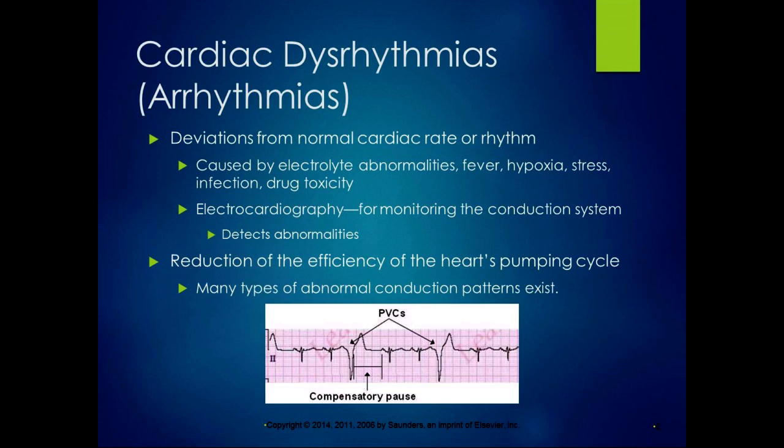It fills and then it contracts. If it contracts too soon, it doesn't have enough blood to shoot out into the arteries. So premature ventricular contractions are one of the dysrhythmias that an AED is going to detect and then try to give you the shock to prevent that.